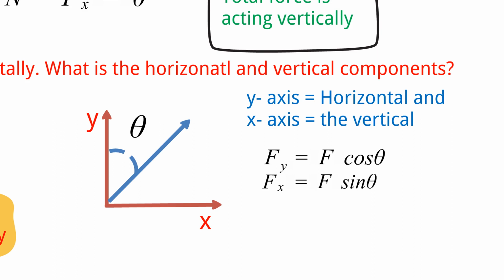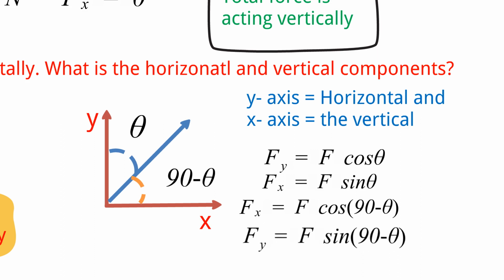This can be written in another manner also. How? Now see, what is the angle made by the vector with the x-axis? It is 90 minus theta. So then you can write Fx is equal to F cos of 90 minus theta and Fy is equal to F sin of 90 minus theta also.